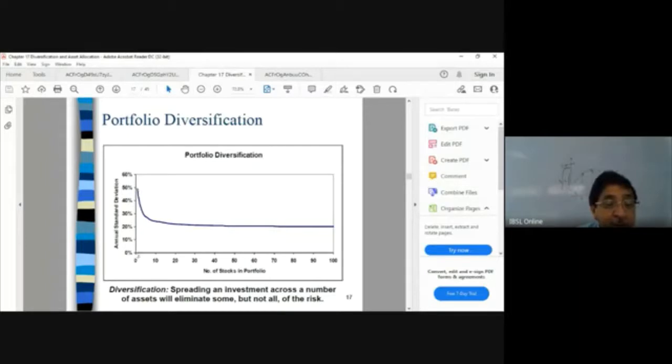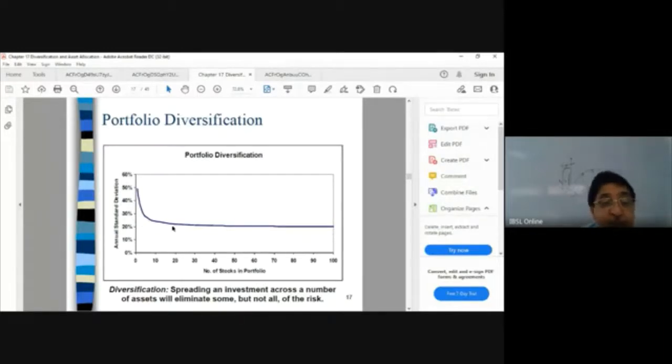But when you have 1 or 2 assets, it comes a little down, and when you have 10 stocks in the portfolio, the standard deviation has come down to this level, around 25 or something like that.